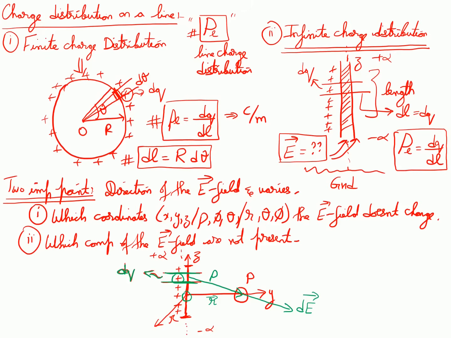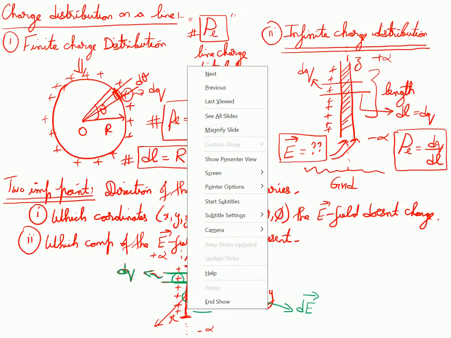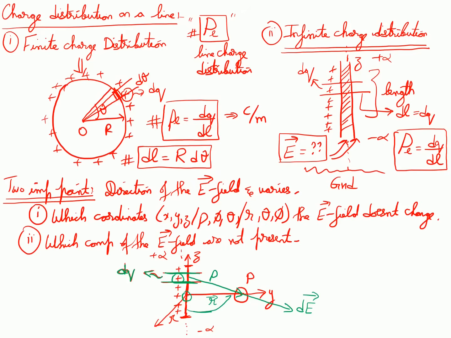So this is rho l, and then we also want to know the azimuthal axis. We move from x to y, so this is our phi, and there is a certain angle made over here. Let's call this theta. What is this theta angle about? We'll come to it shortly.